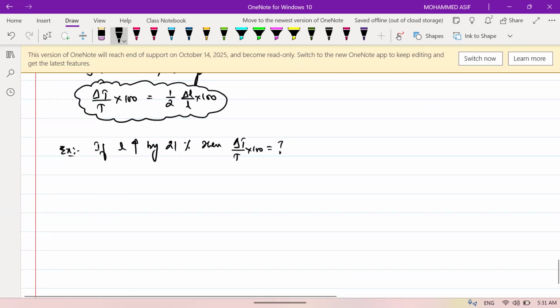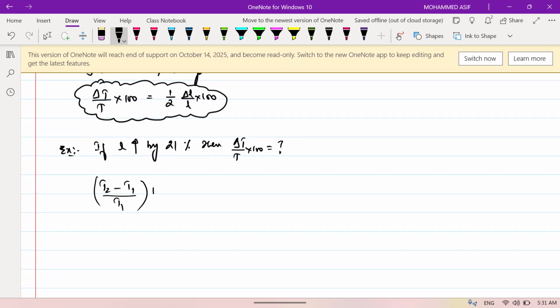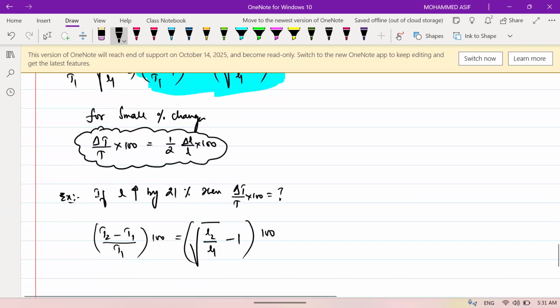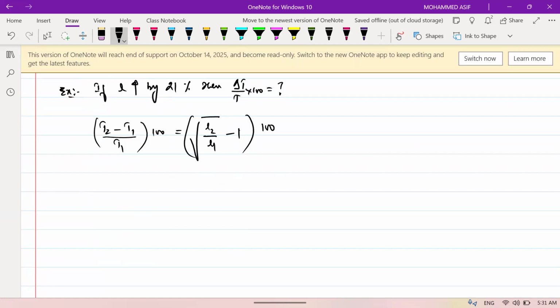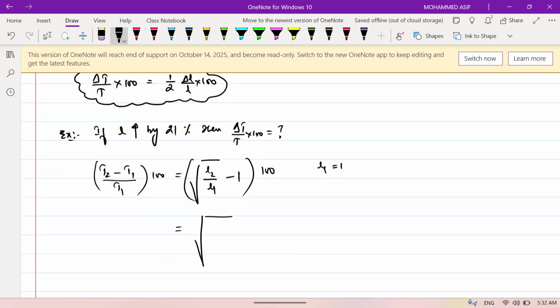T2 minus T1 divided by T1 into 100 will be equal to under root of L2 divided by L1 minus 1, into 100. Am I clear? Yes, sir. So now, what is the length L2, beta? If initial length L1 is equal to 100%, L2 will be equal to how much? 100 plus 21, it is equal to 121%, isn't it?